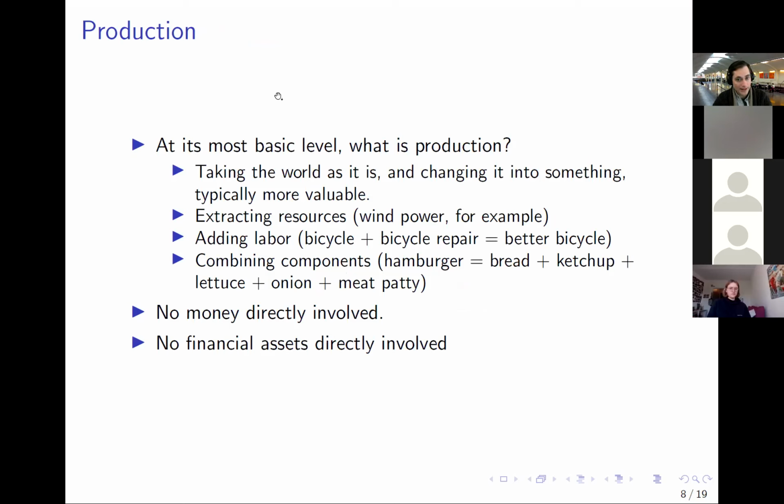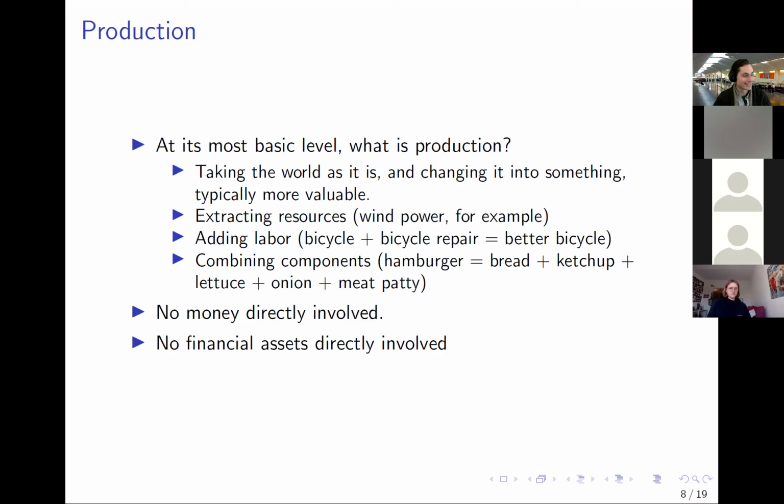Okay, production. At its most basic level, what do we mean by production? It's taking something in the world and somehow changing it. And you change it to something that you value more. That could be extracting resources, wind power, or fish in the sea. Robinson Crusoe is stabbing those fish.